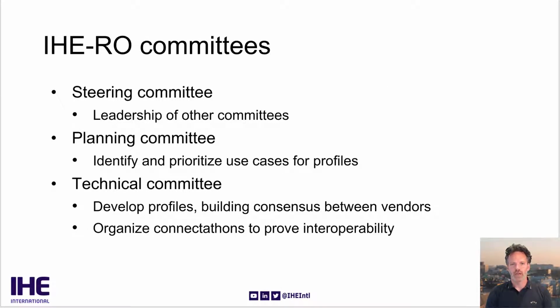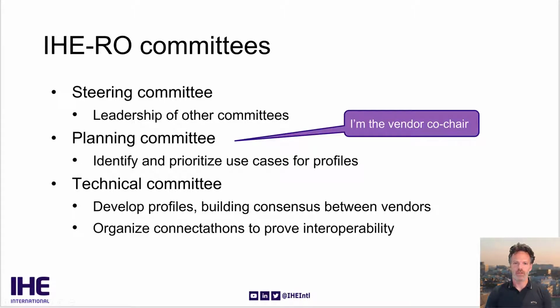IHE-RO is governed by a number of different committees. There's a steering committee that is responsible for leadership of the other committees and also for the connection to the AAPM. There's the planning committee, where I'm the vendor co-chair, as I mentioned. The role of the planning committee is to identify and prioritize use cases that the technical committee will then work on implementing.